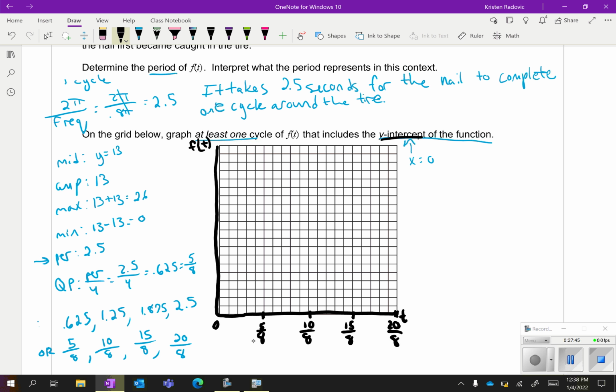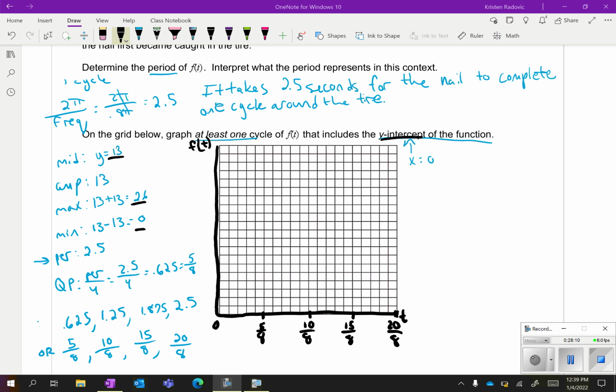And then I'm going to put my main values, which are 13, 26, and 0. I think because I did it like this, I might have enough boxes to go up to 26. No, I lied. The graph only goes up to 20, so you might want to count in twos. Yeah, that would work.